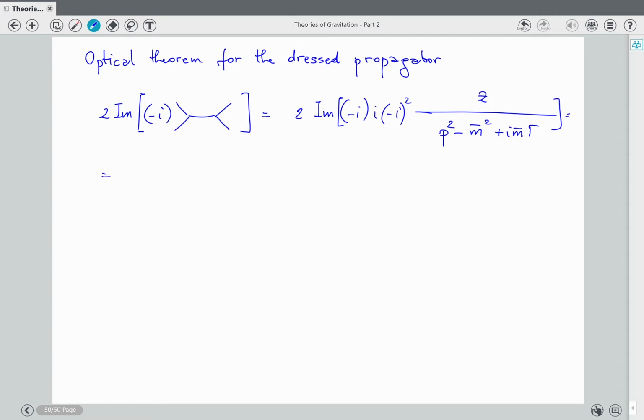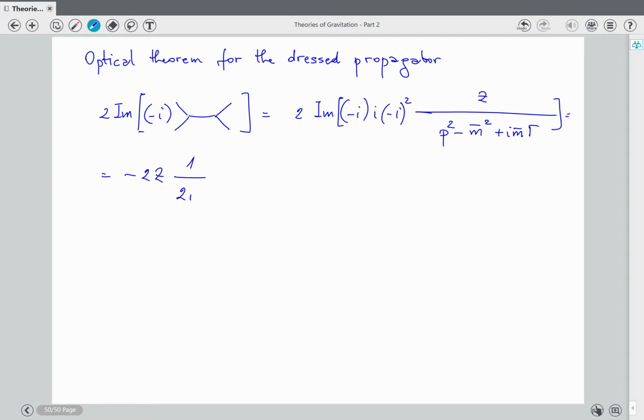What is it? Z is real, because the imaginary part is all contained in what you call the width. At the pole, it is real, in general. Minus i times i, and there's a minus sign there, minus 2Z, imaginary part of that.